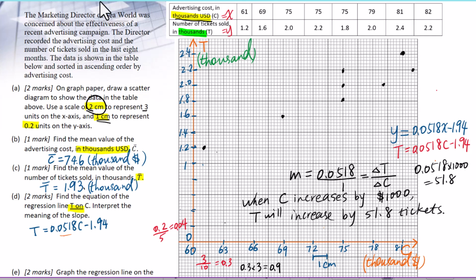When the slope is negative, you will change this increase into decrease.